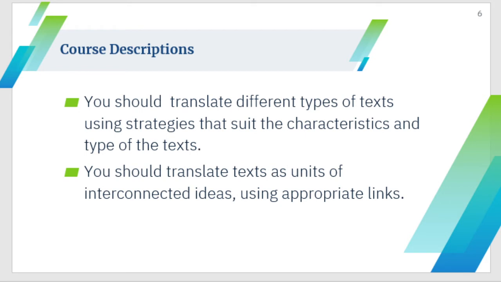By the end of the course, you should be able to translate different types of texts using strategies that suit the characteristics and type of the text. You also should be able to translate text as a unit of interconnected ideas using the appropriate links.